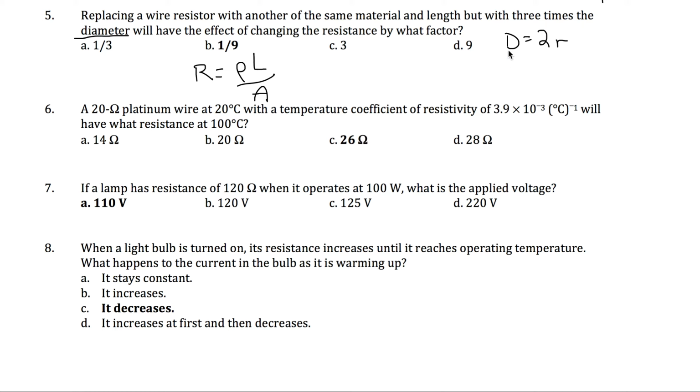And if we are doing 3 times the diameter, then that just means that really we're doing 3 times the radius. So it could have said, but with 3 times the radius, because diameter and radius are just different by a factor of 2.